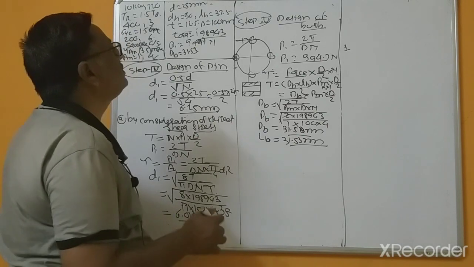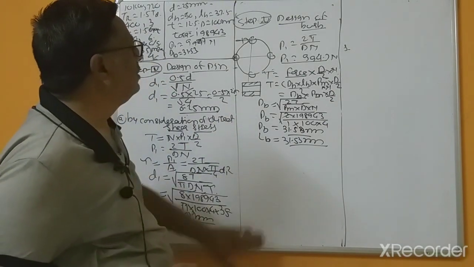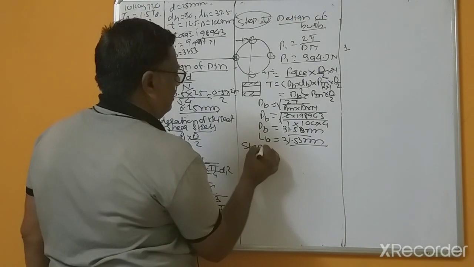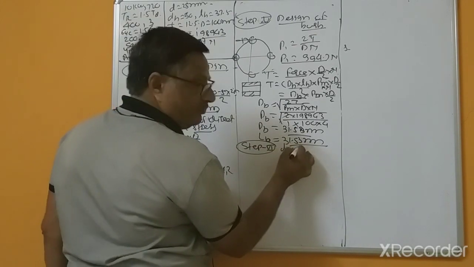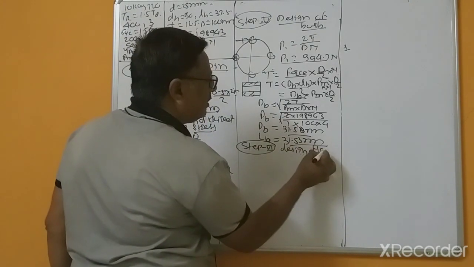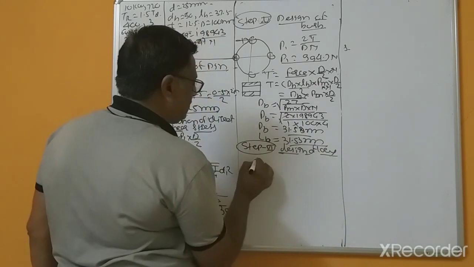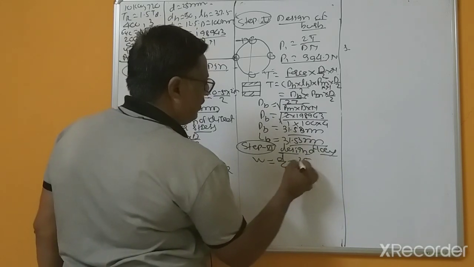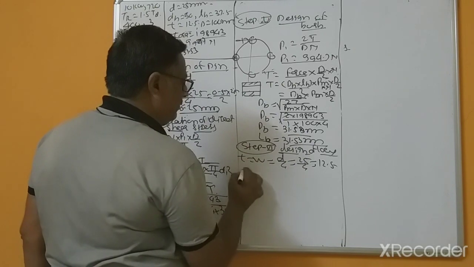What is the next step? Step 6, design of key. Design of key: width equal to d by 4, 25 by 4, 12.5, thickness also same.